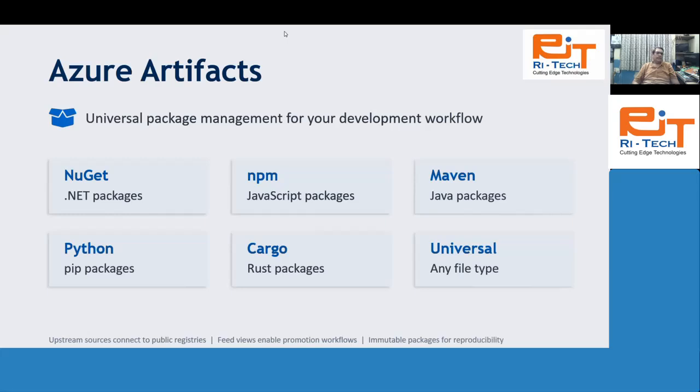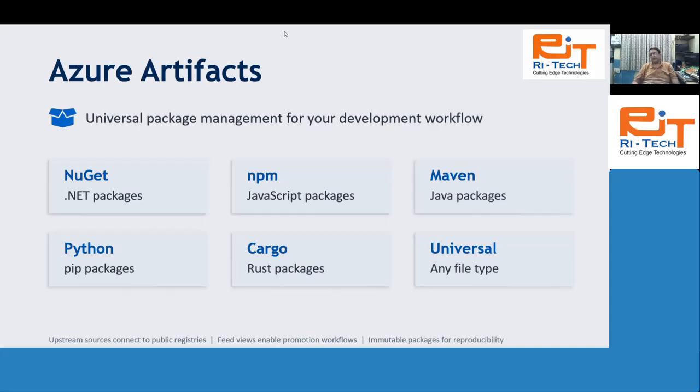And the last thing that I think we have is Azure Artifacts. Now, Azure Artifacts is a universal package management for your development workflow. So we can say this is a universal package management mechanism or utility for your workflow.